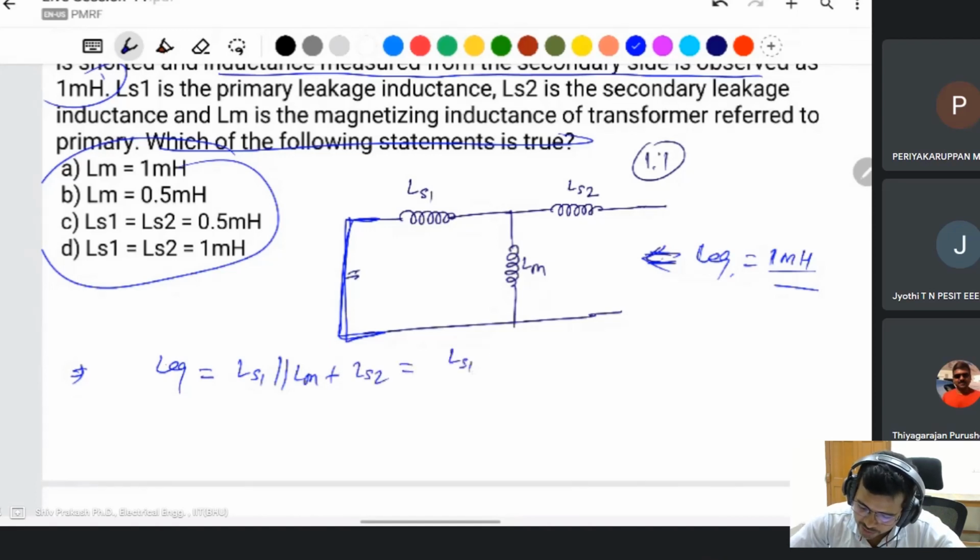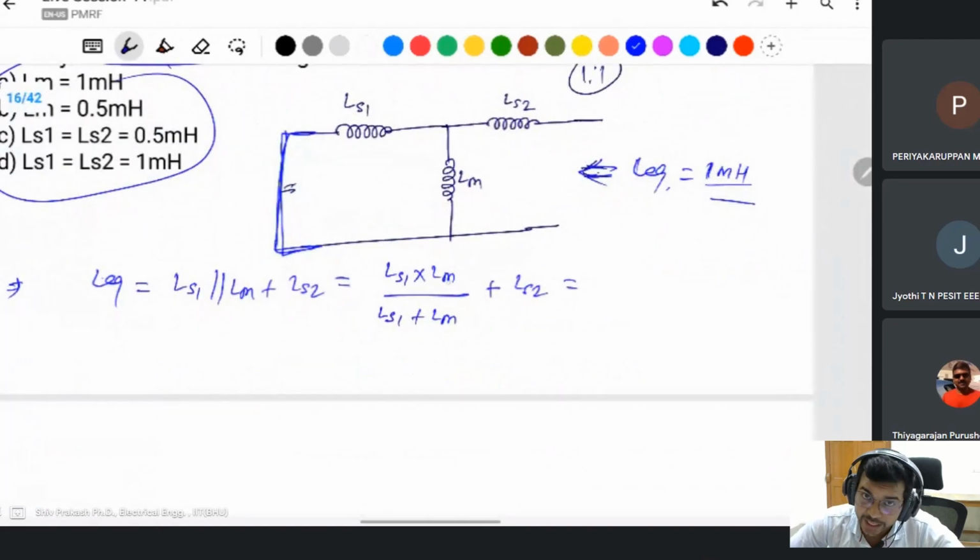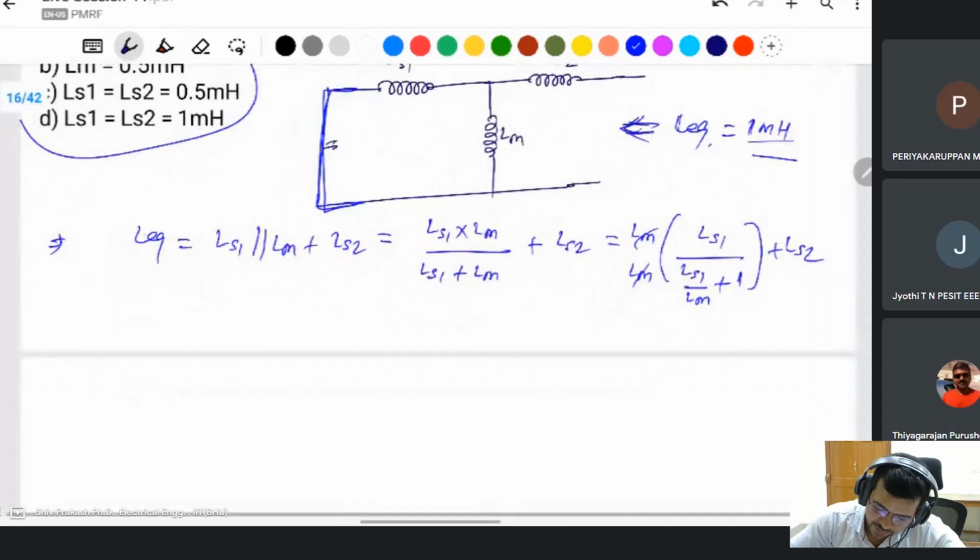This is LS1 into LM divided by LS1 plus LM, plus LS2. You can take LM common here. This is LS1 divided by, taking LM common, LS1 by LM plus 1, plus LS2. LM will cancel out.